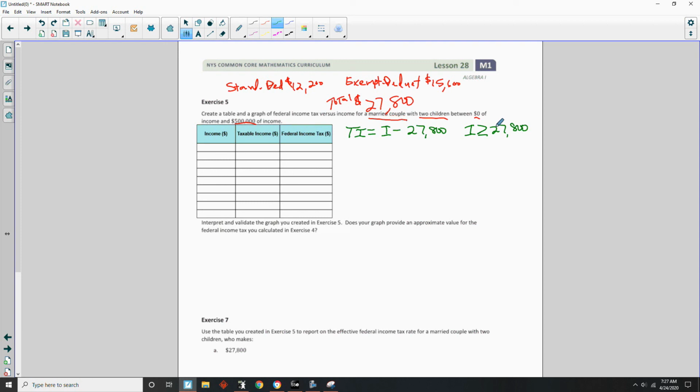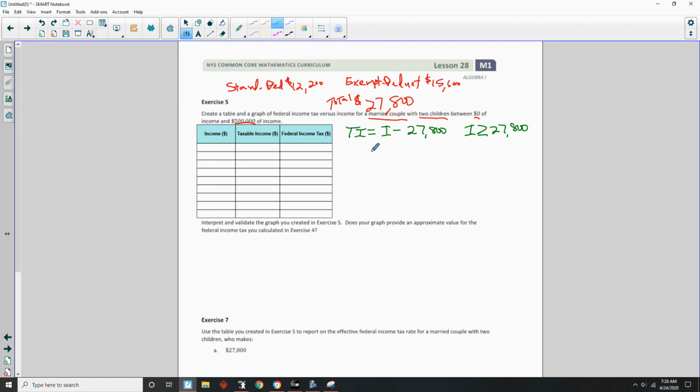So if our income is more than $27,800, it won't be 0, right? So if our income is $20,000 and I take $20,000 minus $27,800, I'll be at negative $7,800. So then my taxable income would be 0. So I'm just talking about making more than $27,800. So if my income is greater than my deduction, then I will pay taxes.